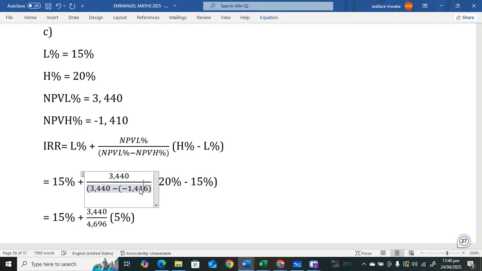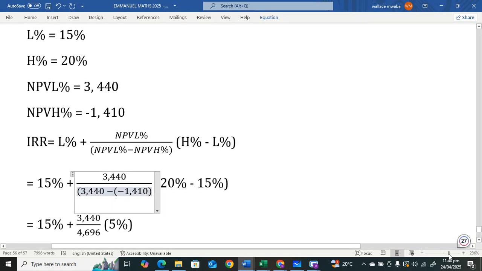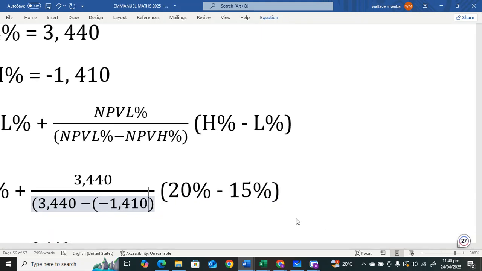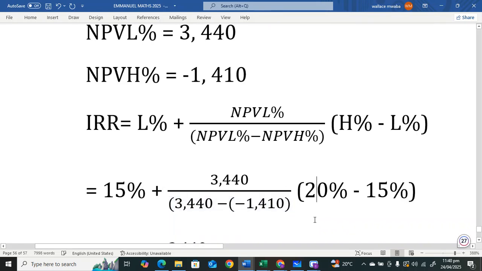After you've substituted, your expression is supposed to look like this. So the true mathematicians using BODMAS, which operation do we do first?